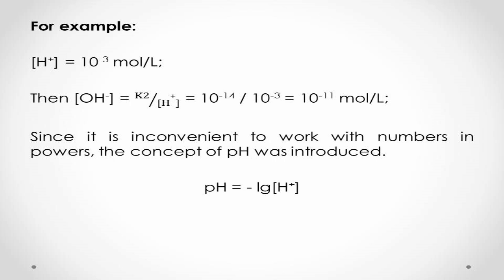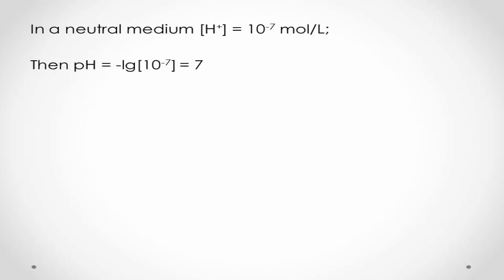Accordingly, if we have an H plus ion concentration of 10 to the minus third, the logarithm of this number taken with the inverse sign is 3. Therefore, we have a pH of 3. In a neutral medium, the concentration of H plus ions is 10 to the minus 7th mole per liter. Therefore, the pH in this case is 7.